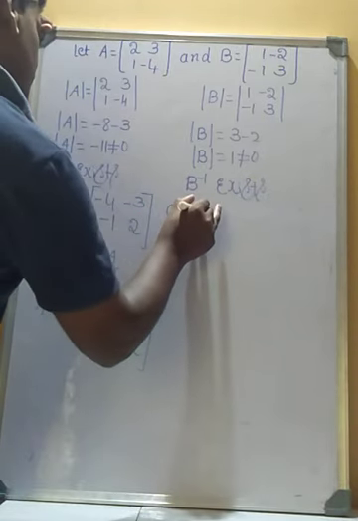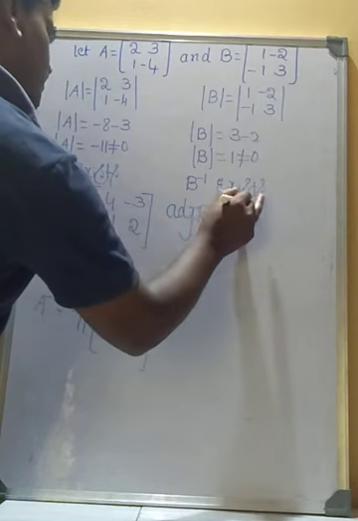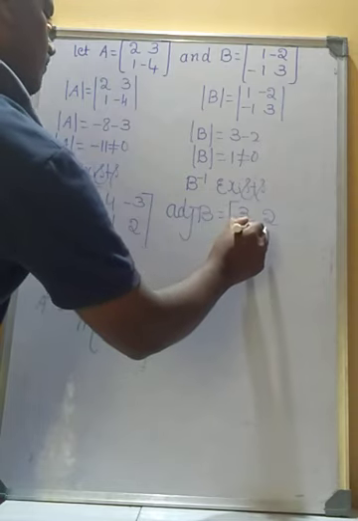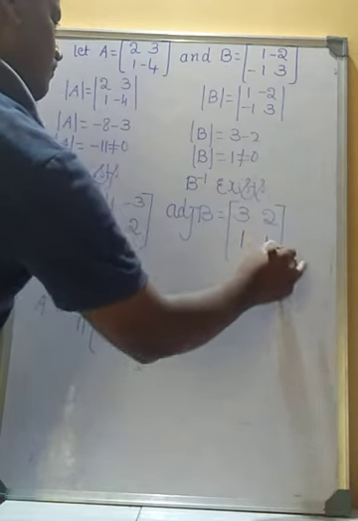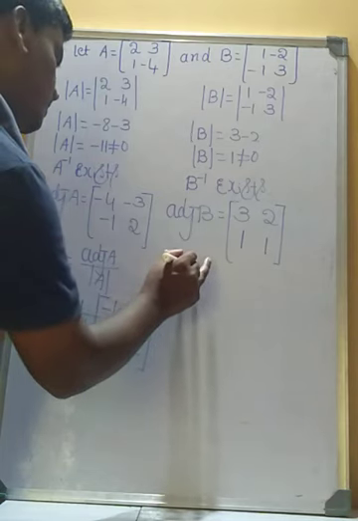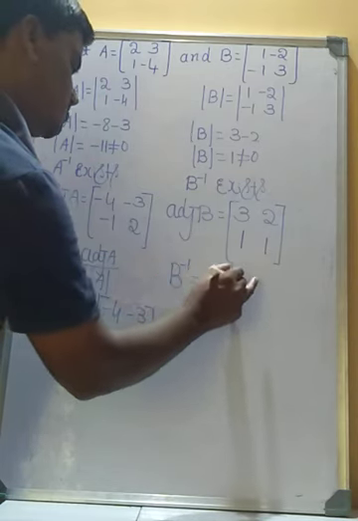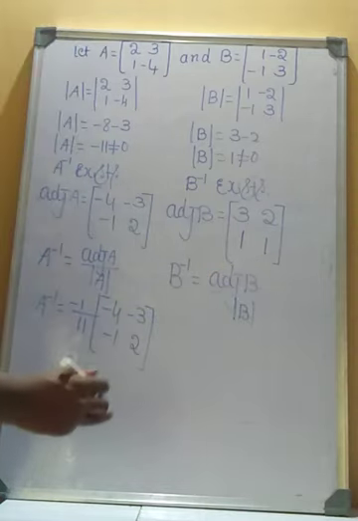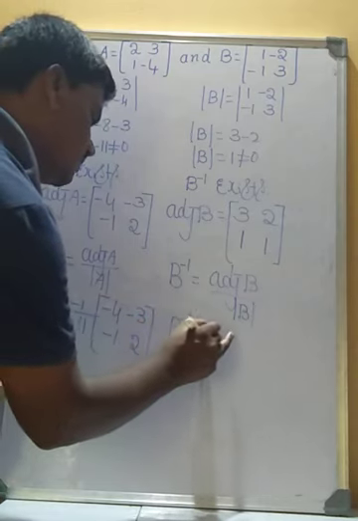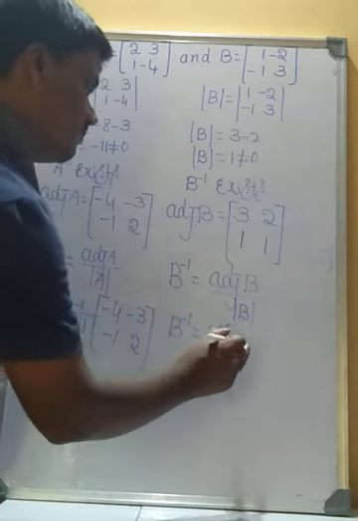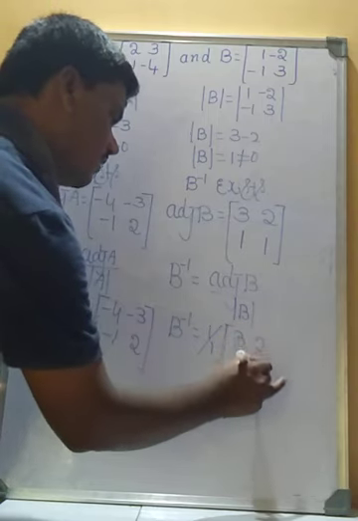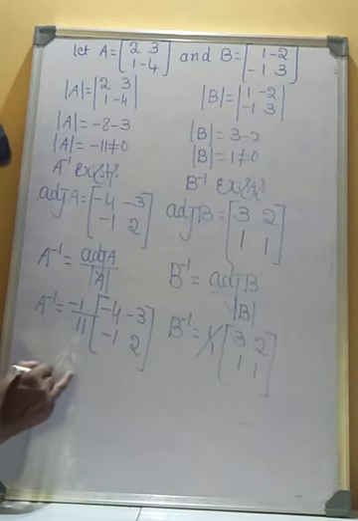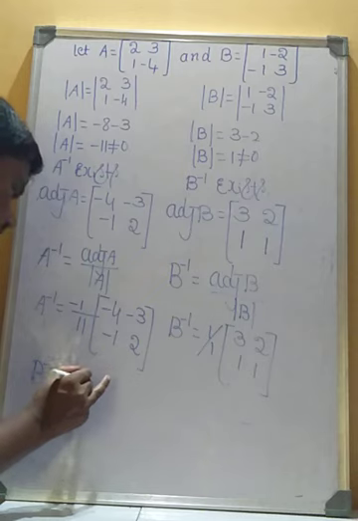Therefore, adjoint B is equal to [3, 2; 1, 1]. So B inverse is equal to adjoint B divided by determinant of B. Therefore, B inverse is equal to 1 by 1 into [3, 2; 1, 1].